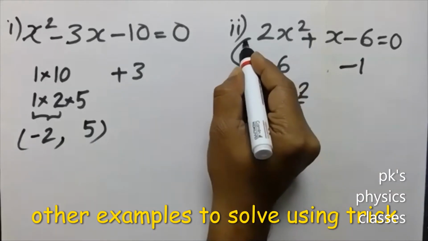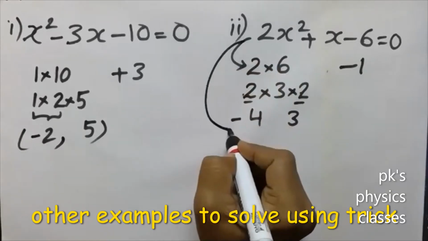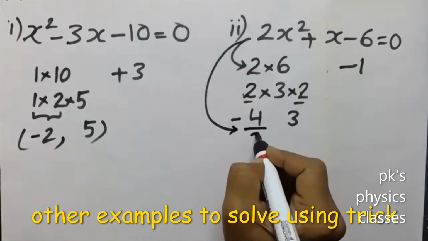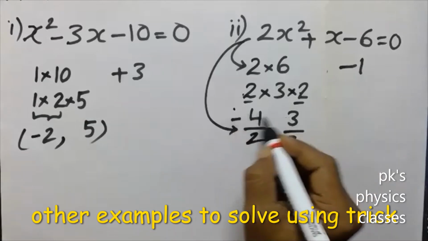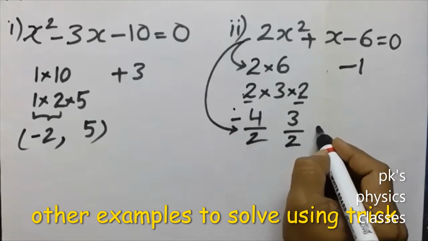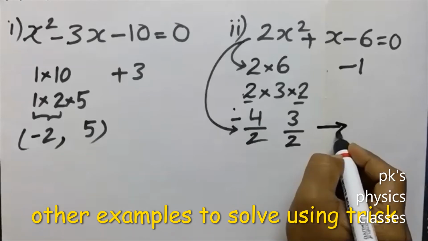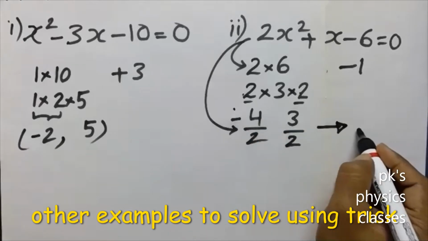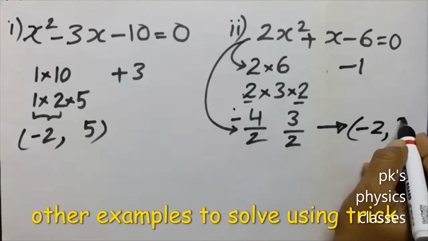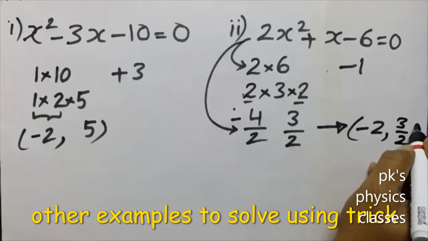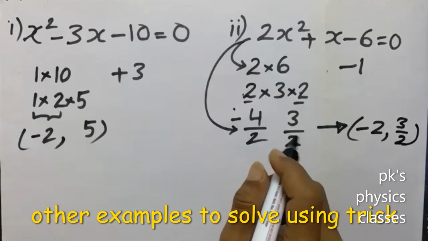Now these two, you should divide with 2. This is your pair of solution here. What are the two roots here? Minus 4 by 2 is minus 2, and here 3 by 2. These are the two roots for this.